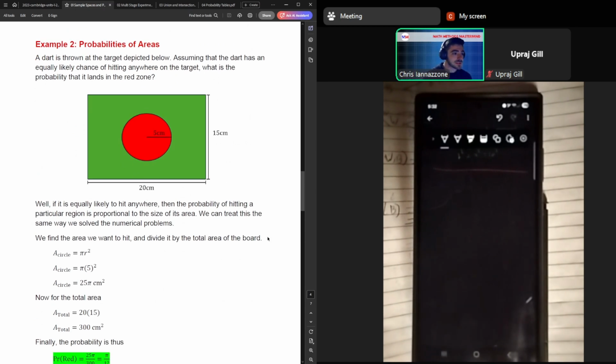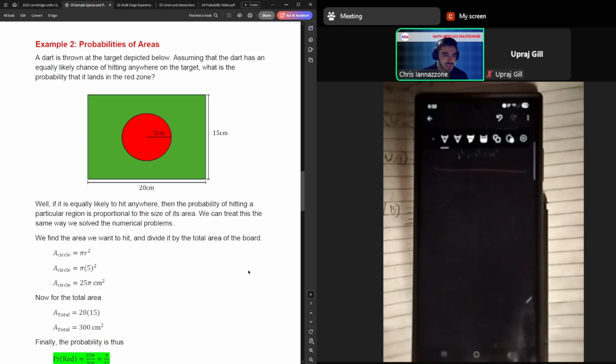Sometimes you'll have a scenario where the probabilities aren't as discrete. In this case, we have probabilities that are proportional to areas. We're trying to throw a dart at a dartboard, and it's assumed to be equally likely to hit anywhere on that dartboard. We want to figure out the probability of landing in the red zone.